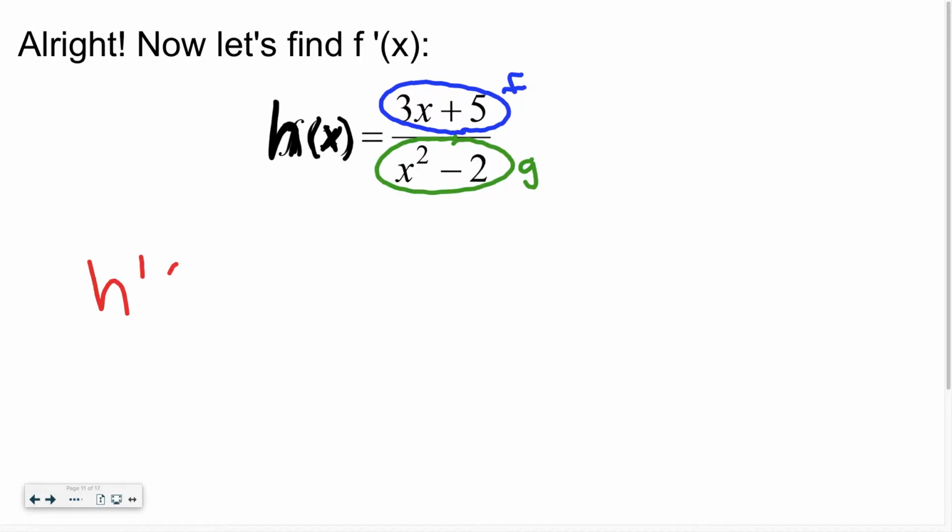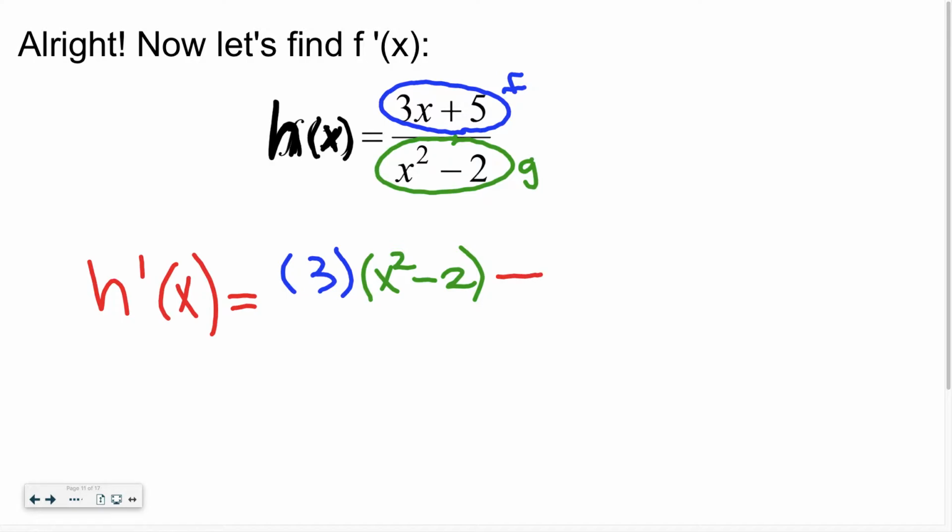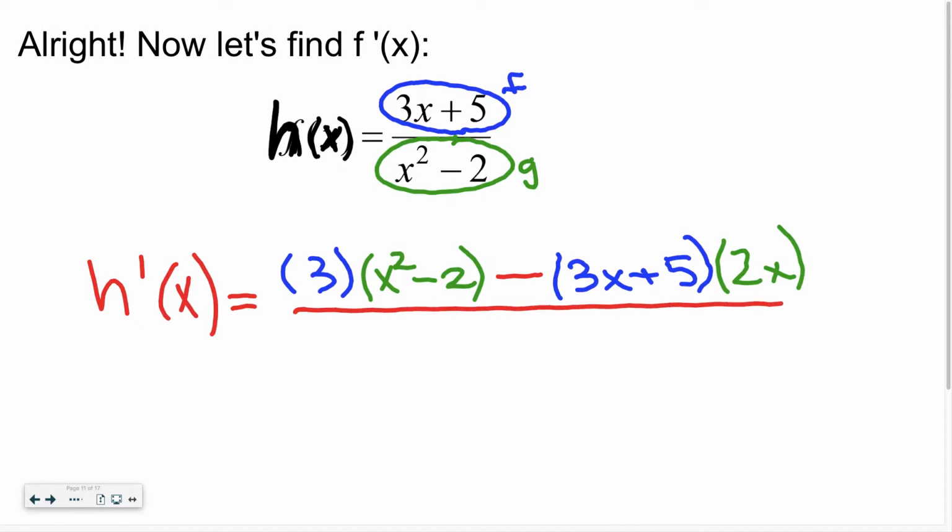So when we take the derivative of a quotient, we take the derivative of the numerator times the original denominator minus, I heard somebody say it, our original numerator times the derivative of our denominator, all over our original denominator, but now we get to square it.